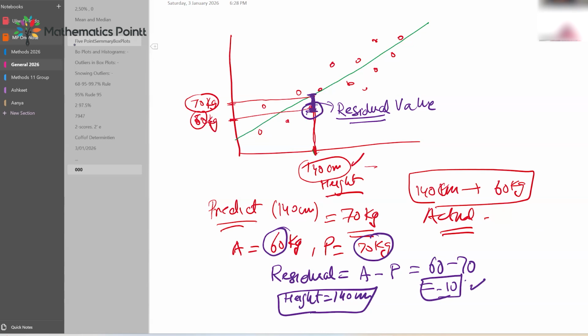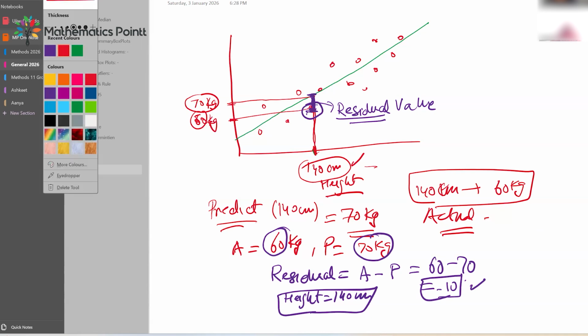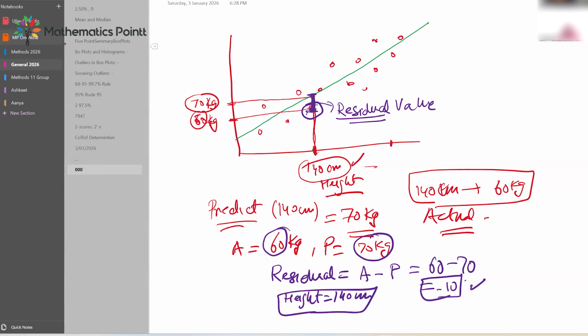Now, let's take another example. So let's say I have this value here, which is let's say I'm just making something up, 170 centimeters. And I ask you, what is the actual value at 170? So you can just say, okay, there is a dot here, must be 100 kilos. So the actual value for 170 is 100 kilos.